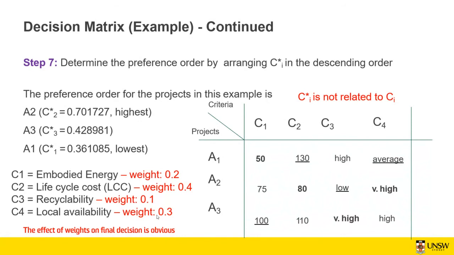After you get this result, you might want to slightly change your weights. For example, instead of putting 0.4, if it's allowed, you want to see how the result looks if you put 0.3 or 0.35 on life cycle cost, and also change the other weights in order to get a sum of one, and do the calculation again. You are obviously not going to do this calculation by hand.